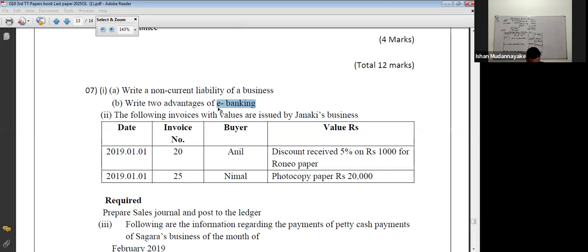Chapter 10, grade 10. Electronic banking services. Write two advantages of e-banking services. E-banking means electronic banking.